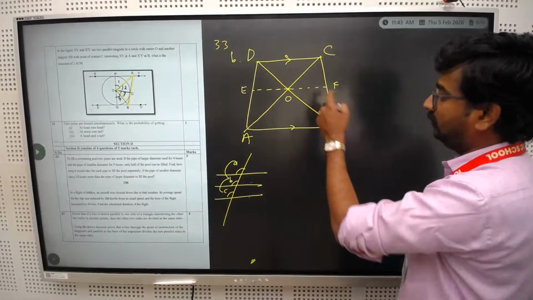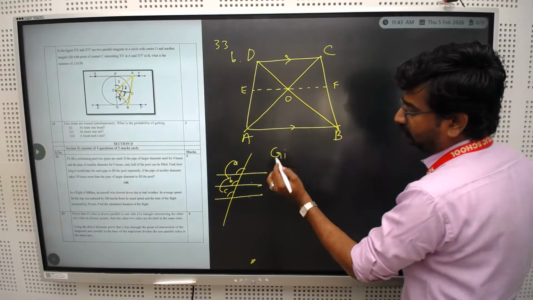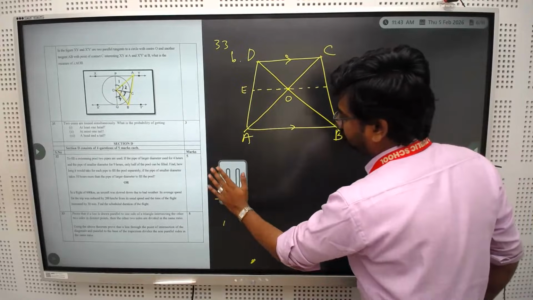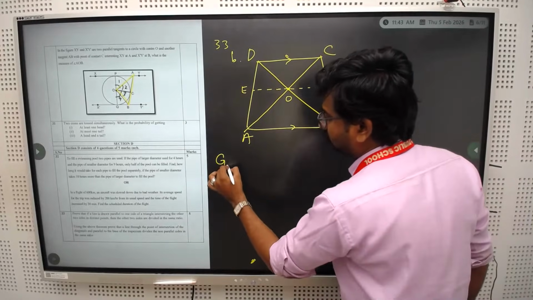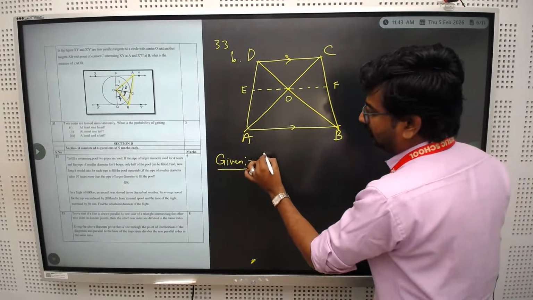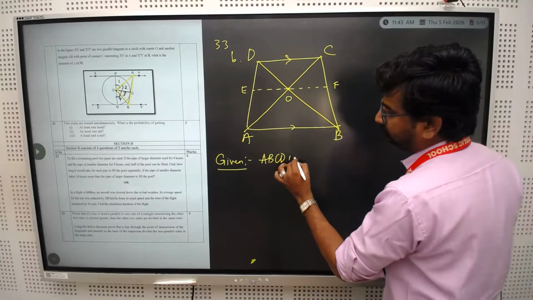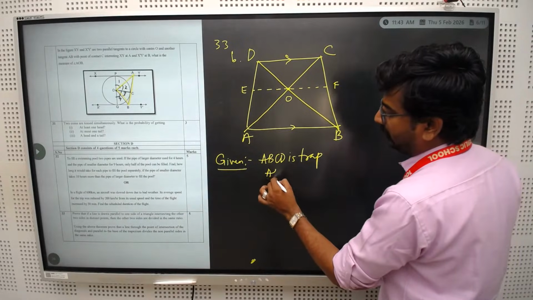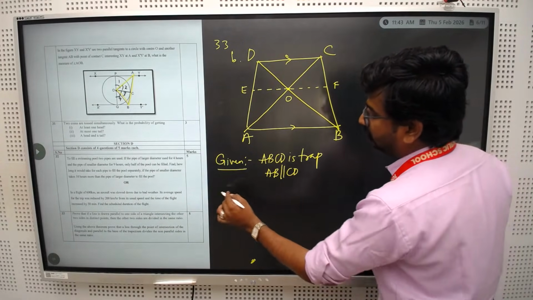So based on that, first you will write the given: ABCD is a trapezium, so AB is parallel to CD.